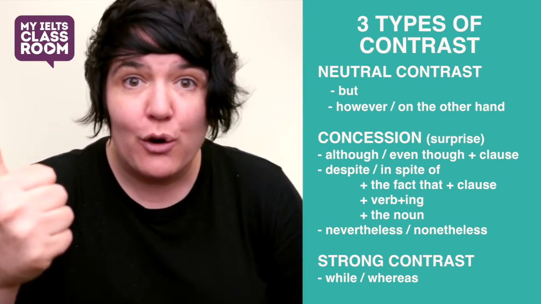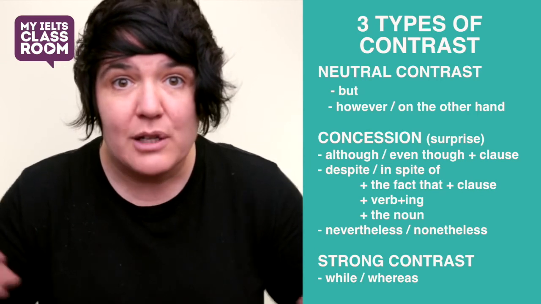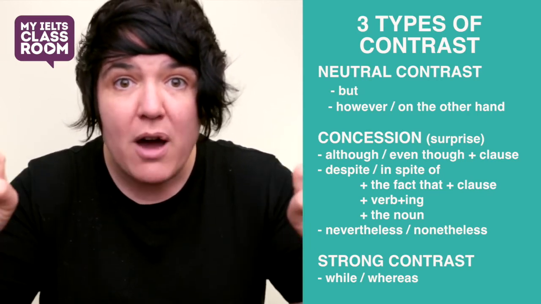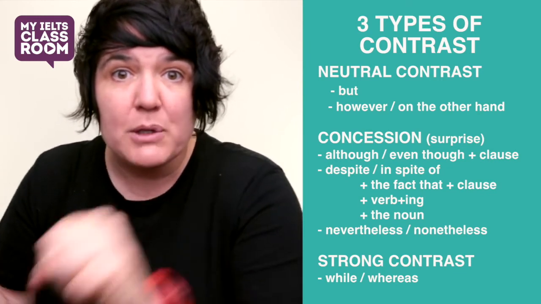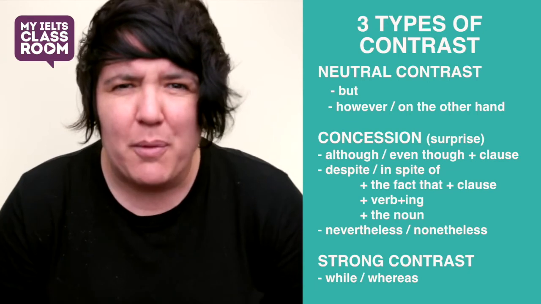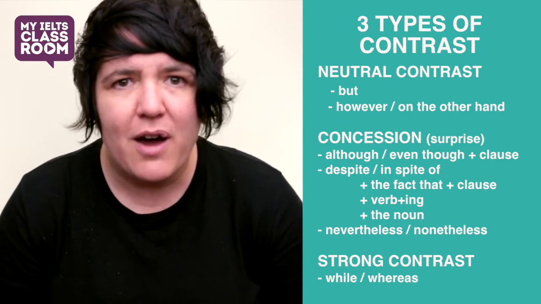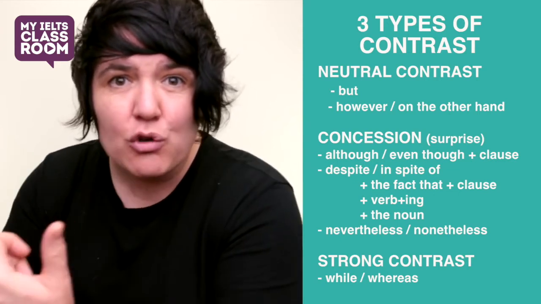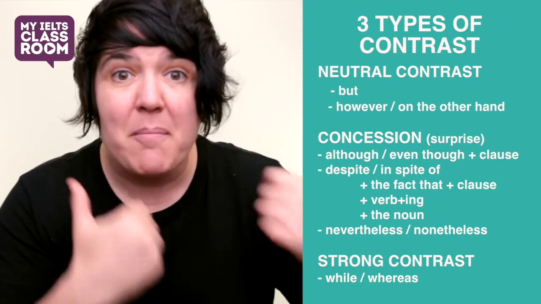For our neutral contrast, we can use but to join sentences, or we can use however or on the other hand between sentences. The most difficult type of contrast to show, however, is concession, where we have contrast plus some surprise.